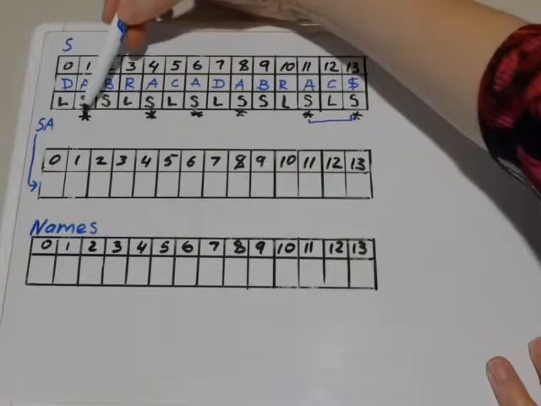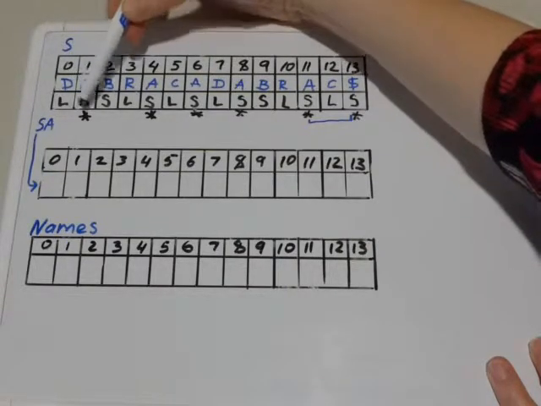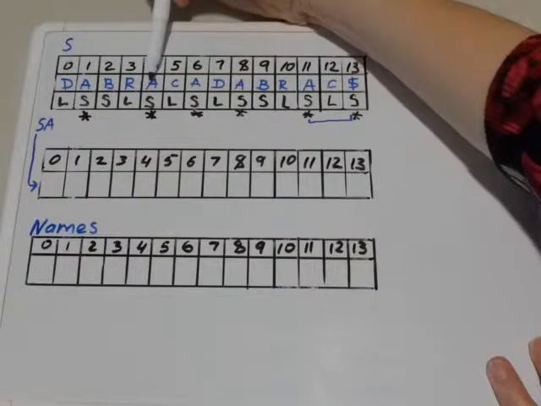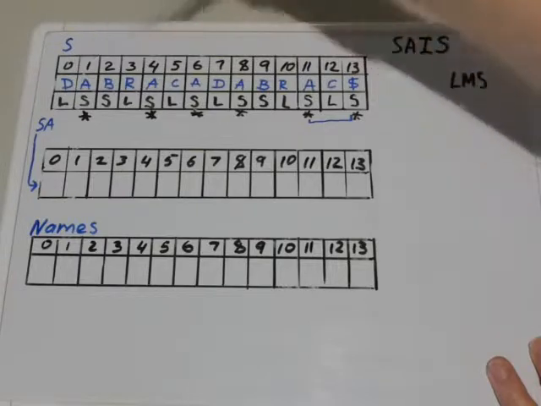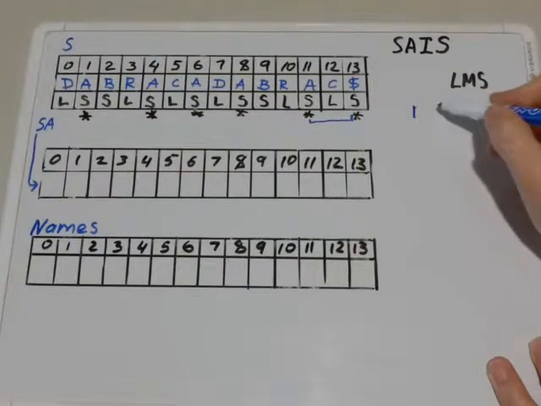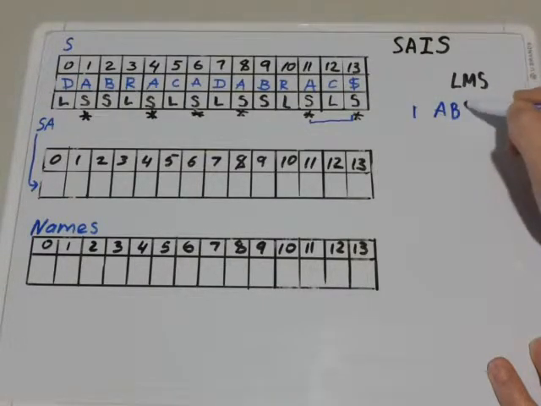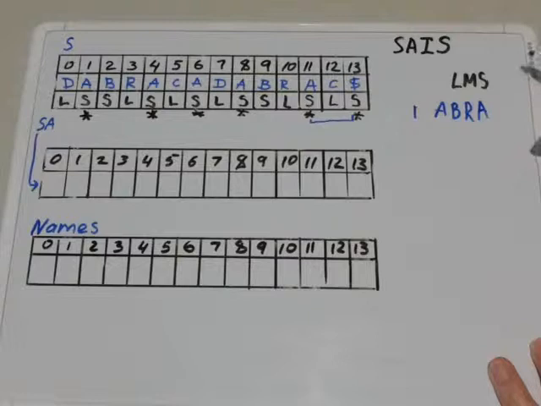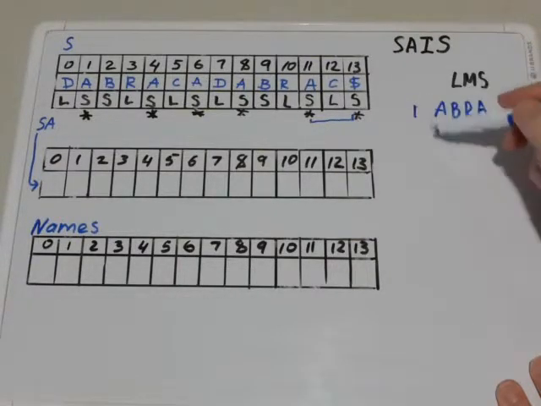A star means this character is an LMS character, so we start with an LMS character and end with an LMS character. This LMS substring starts at position 1, and the substring is A, B, R, A. The algorithm itself doesn't really list any LMS substrings, but just for us to understand what they are, we're going to list them all together with their starting positions.